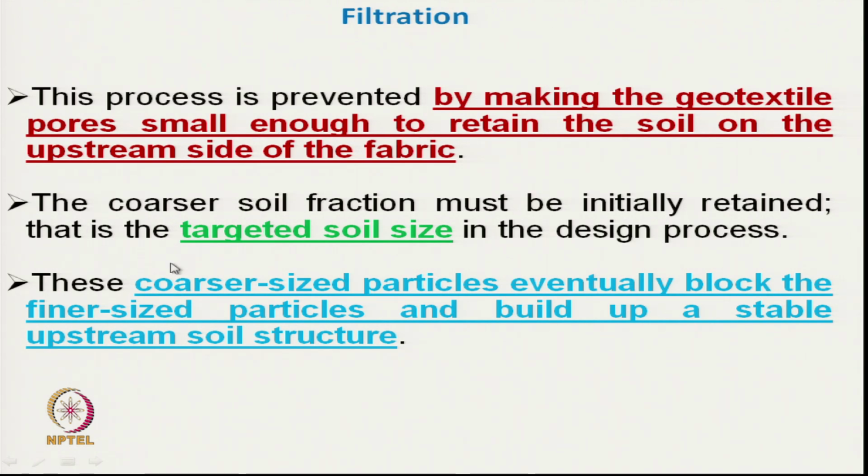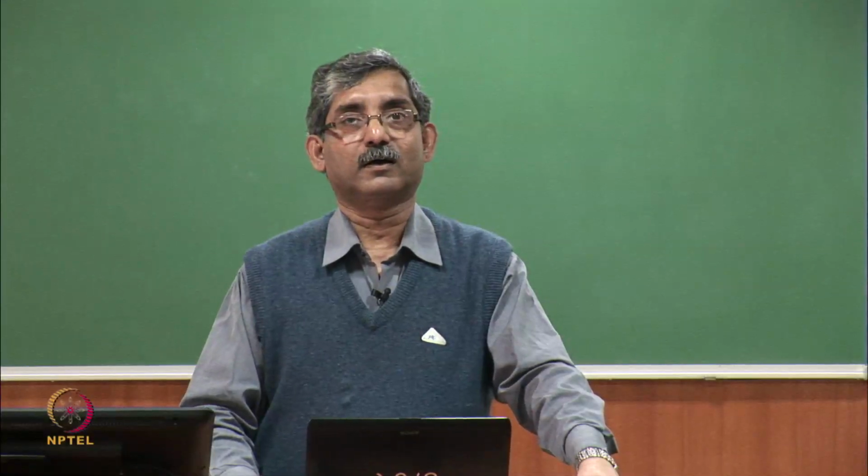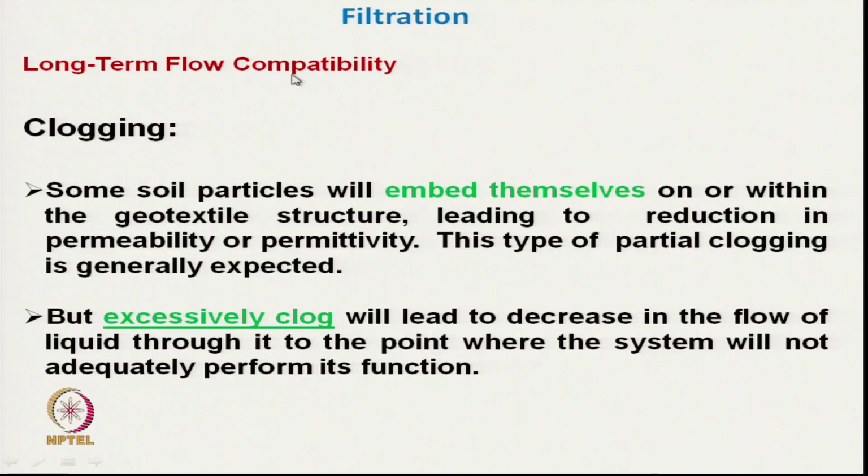So, we have to take the coarser soil into consideration for designing, like we have mentioned O90 and D90, and gradually these coarser particles eventually block finer size particles and build a stable upstream soil structure. That stability is important. So, that is long term flow capability, and clogging behavior is important.